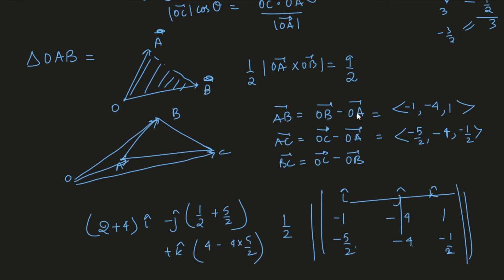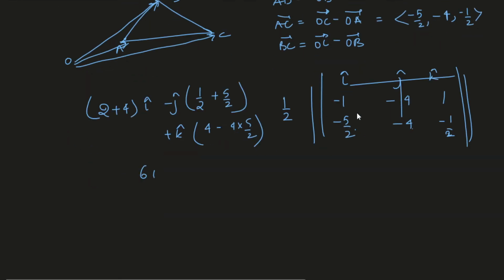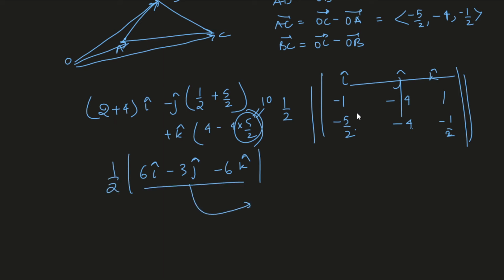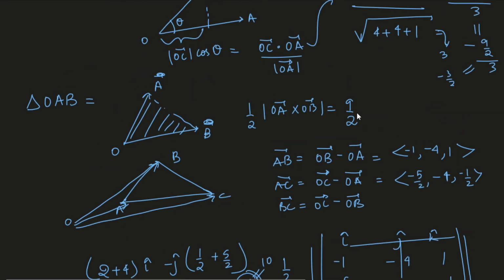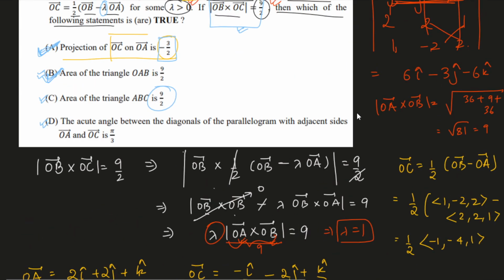I guess that is correct, we'll recheck it once. So this is 6i cap minus 3j cap, 4 into 5/2 gives us 10, so that is -6k cap. And the magnitude of this times half, the magnitude of this is again equal to 9. We just saw another variation of that before. So 9/2 is the area of this triangle ABC. So this is also correct.